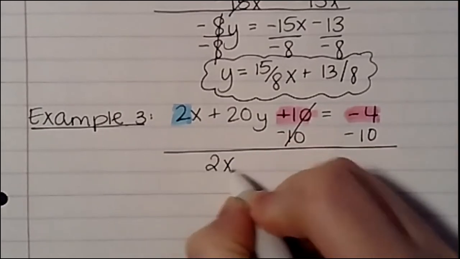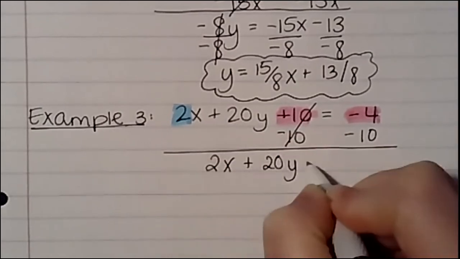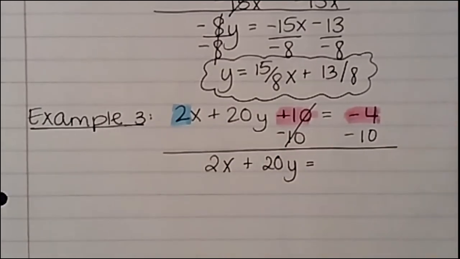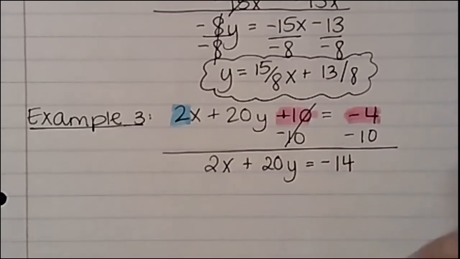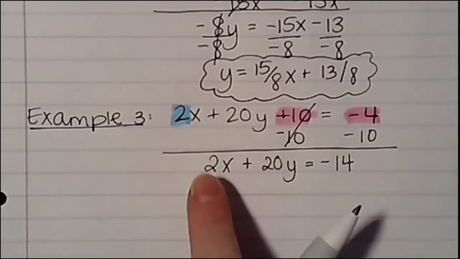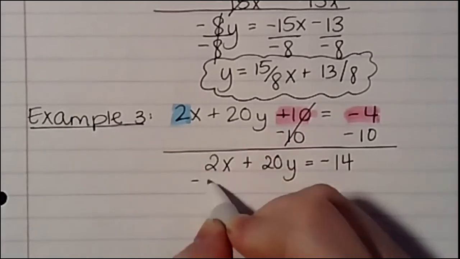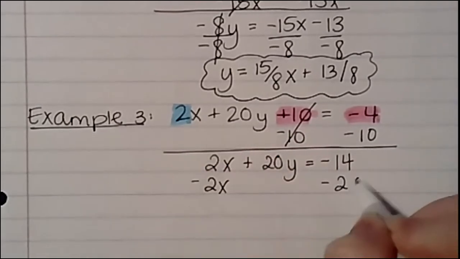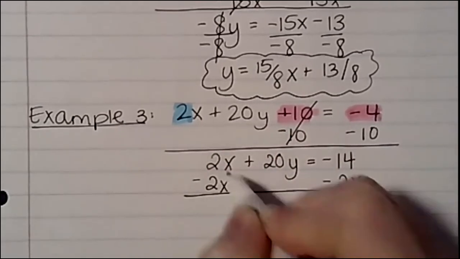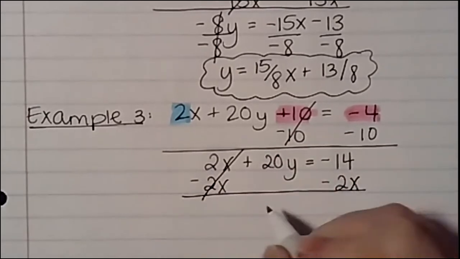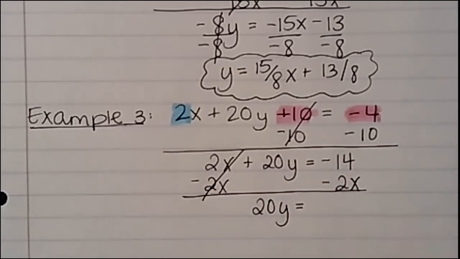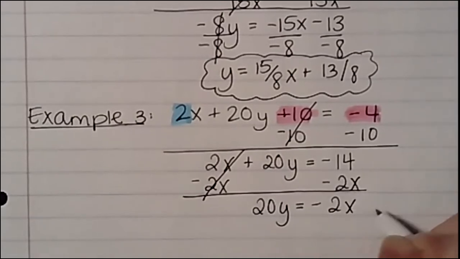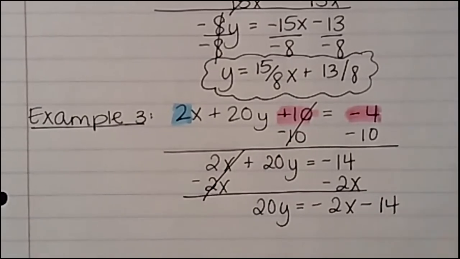I'm left with 2x plus 20y equals -4 minus 10 is -14, okay? I'm going to then move that 2x. So subtract 2x from both sides. These cancel. I get 20y equals, bringing that x to the front, negative 2x minus 14.